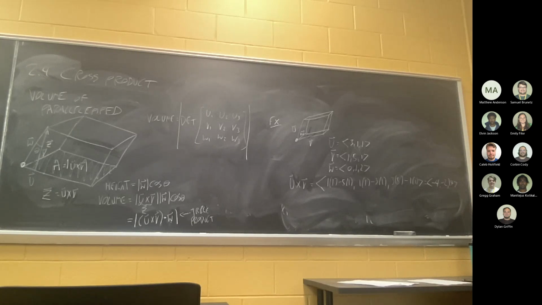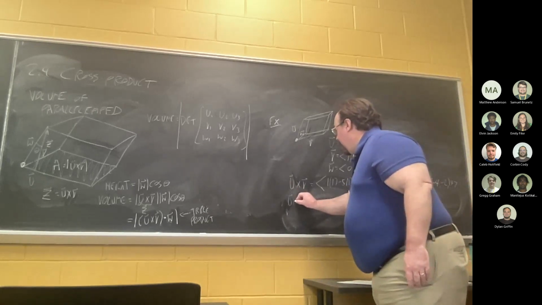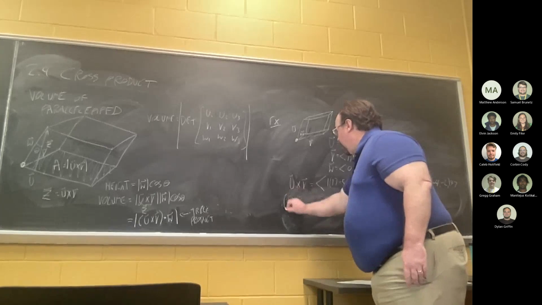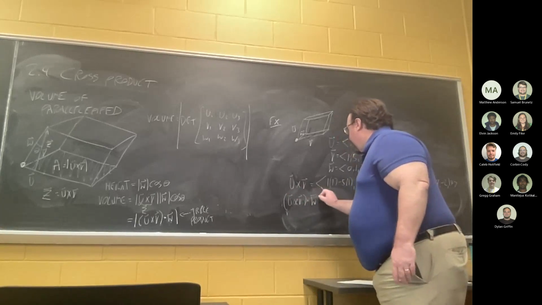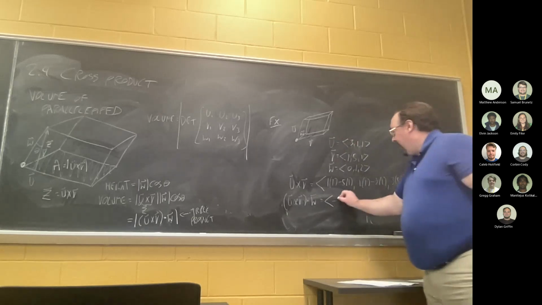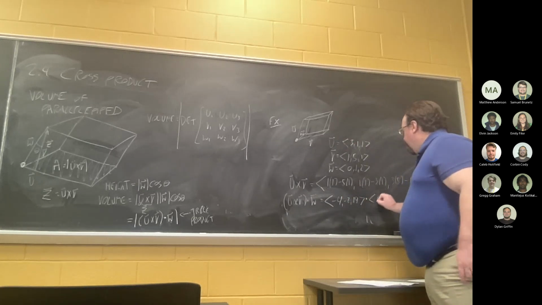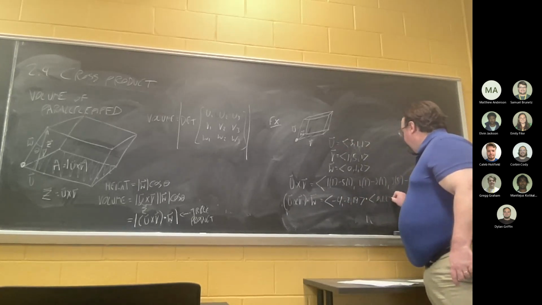All right, and then you take the dot product of that with W. So U cross V, the vector -4, -2, 14, dot the vector 0, 1, 2.